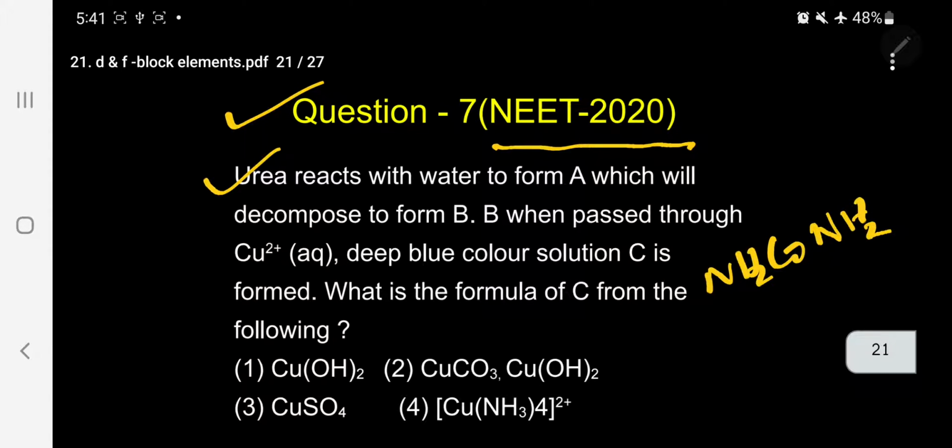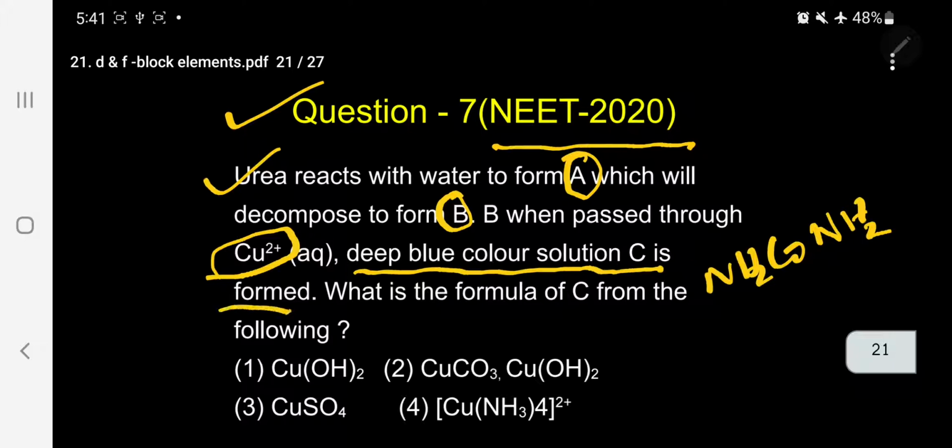Urea reacts with water to form A, the compound A, which will decompose to form B. B, when passed through copper 2 plus, a deep blue color solution C is formed.